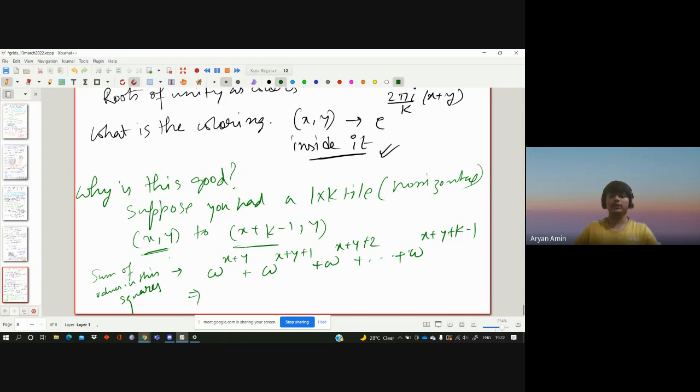Which is basically omega to the power x plus y times 1 plus omega plus omega squared plus up till omega to the power k minus 1. So what is this value?